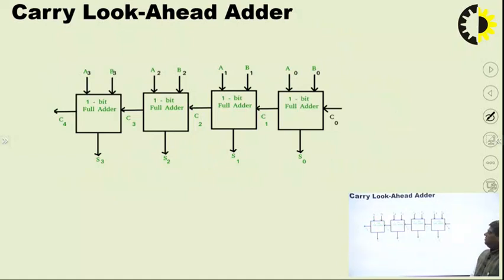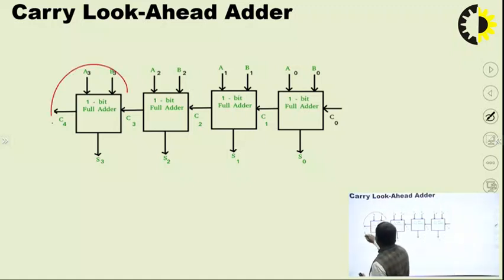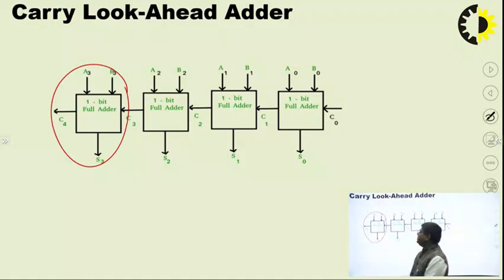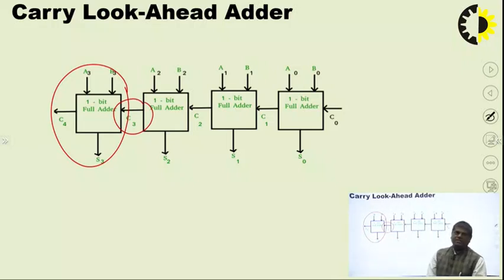Now, with the help of the circuit diagram, I explain what different types of delay occur and how we can calculate the advance carry. Suppose this full adder performs the arithmetic operation when this carry works as an input.